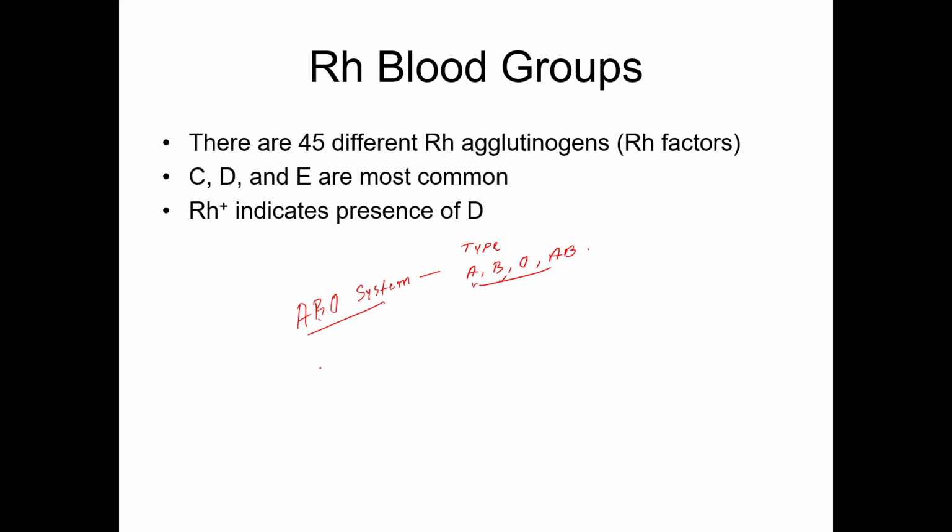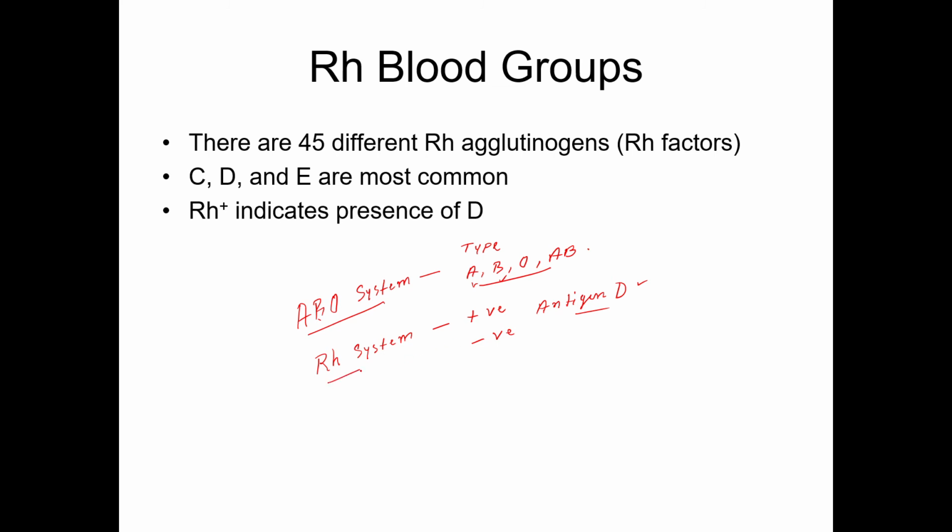And another is Rh system, that is positive or negative, whether blood type is positive or negative. That is determined by what? Antigen D. D antigen determines that. Okay, if D is present, positive, D is absent, negative.